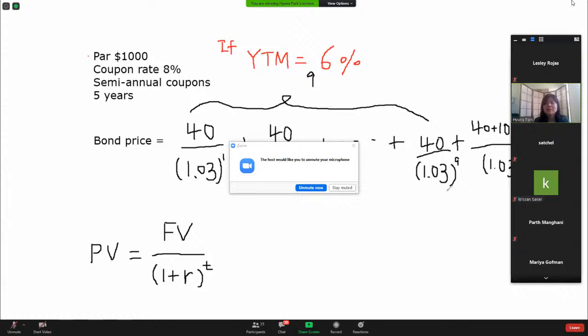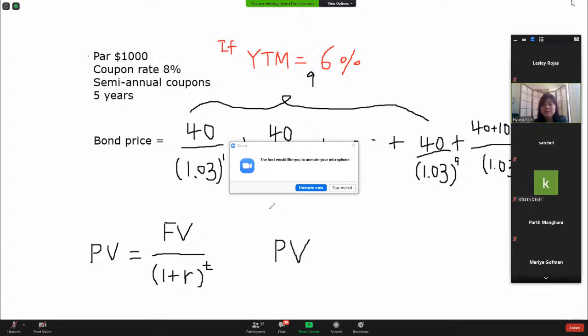So this is how to do the calculation. But as you learned, you don't need to do these 10 calculations one by one. You can just calculate the present value. You can use Excel's present value function, giving the inputs.